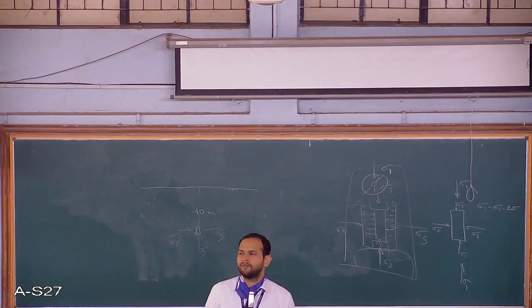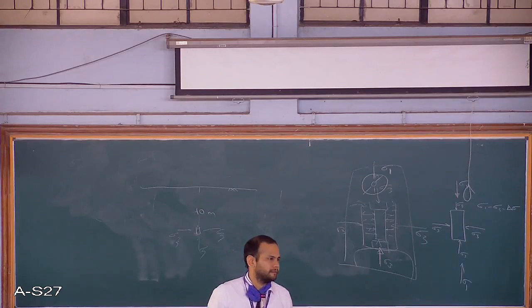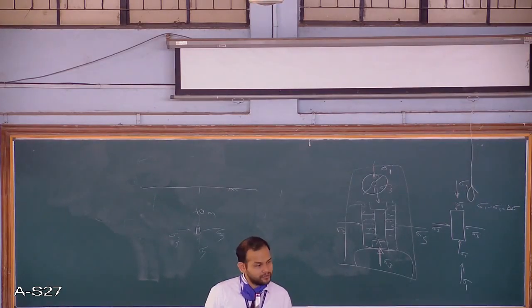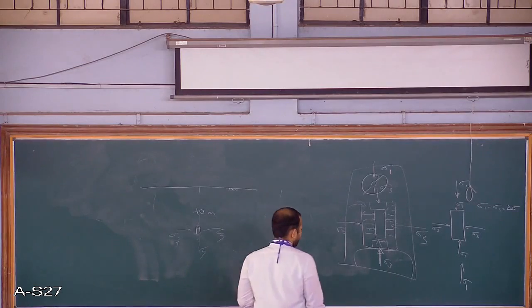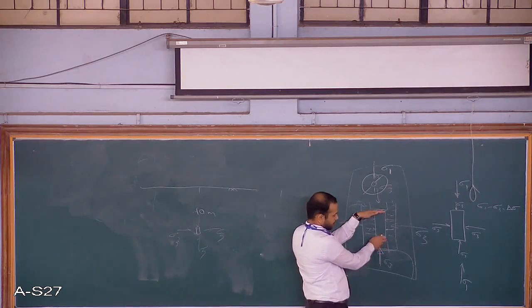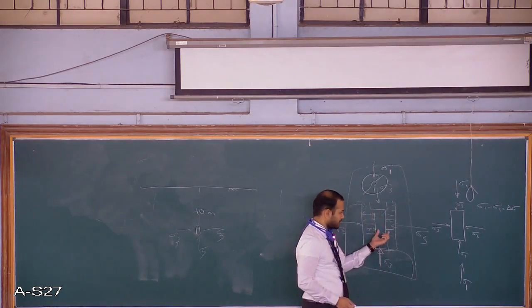Some tests are quick for sand, so we go for directly drain test. So we don't keep it undrained. But if you go for undrained test, it will take some time. And when you do undrained test, you can measure pore water pressure. For example, you block this, the water cannot go outside. So the water is building up some pressure.